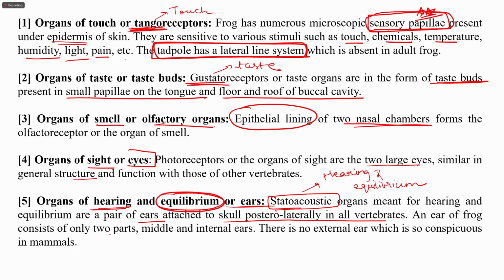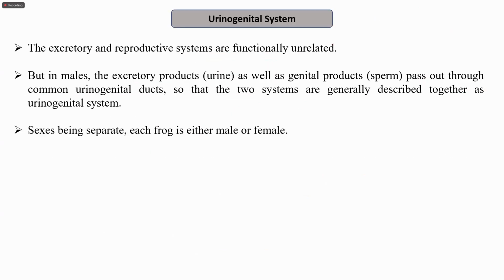An ear of a frog consists of only two parts, that is the middle and internal ear. External ear is absent. This is important. So there is no external ear, which is so conspicuous in mammals. We know that we have a very well developed external ear, but in the frog, the external ear is absent and it mainly consists of two parts, middle and the internal ear.